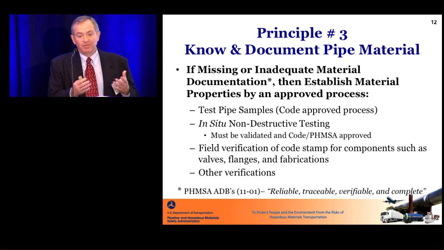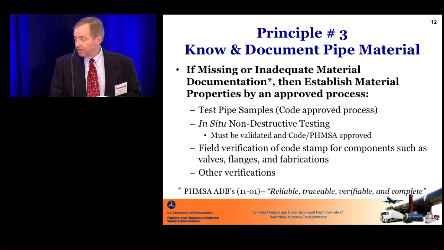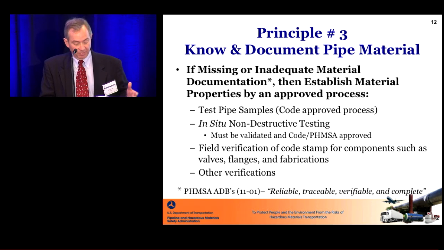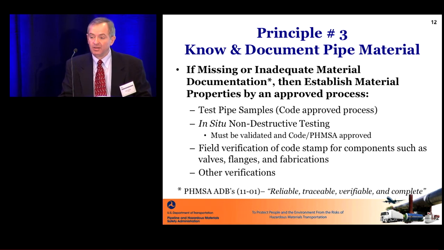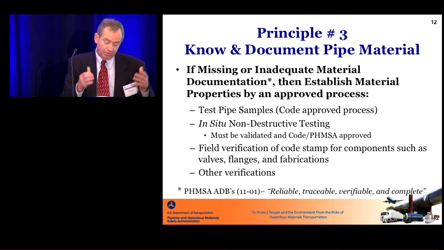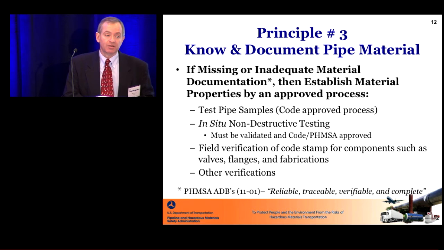I'm of the opinion you've got to walk before you run. So some of it has helped us get information on what good processes are and what bad processes are. You need to do field verification, not only on the pipe, but the valves, flanges, fabrications. You may not even know what the fabrications are good for pressure-wise. And then, again, what other verification should we consider?